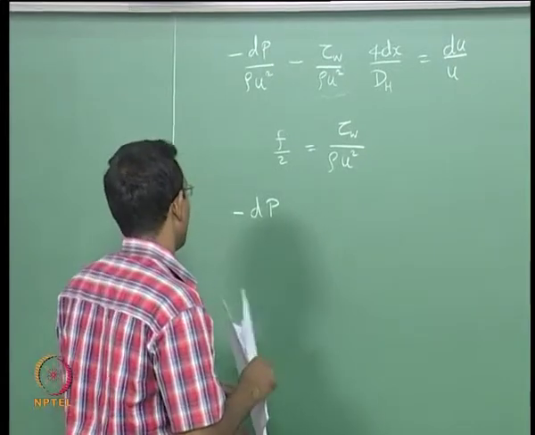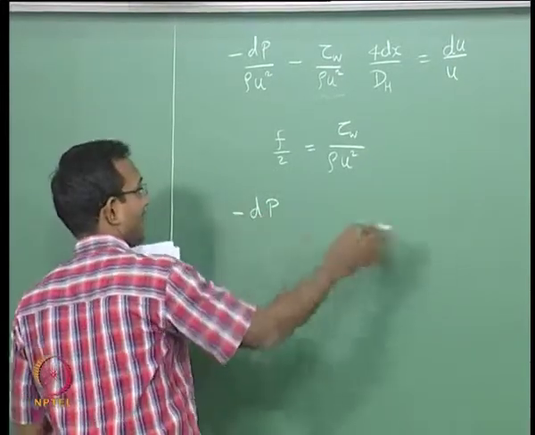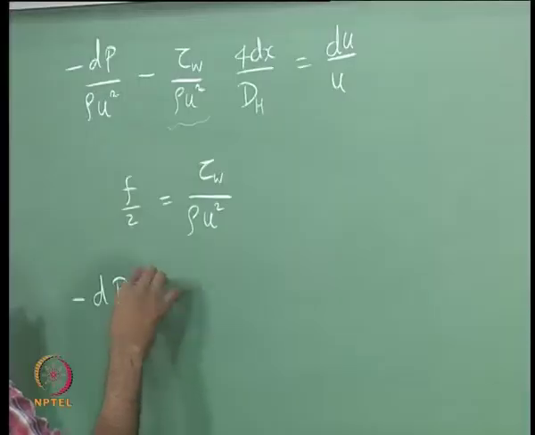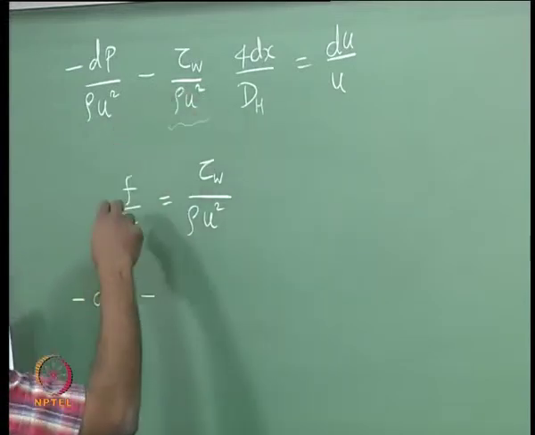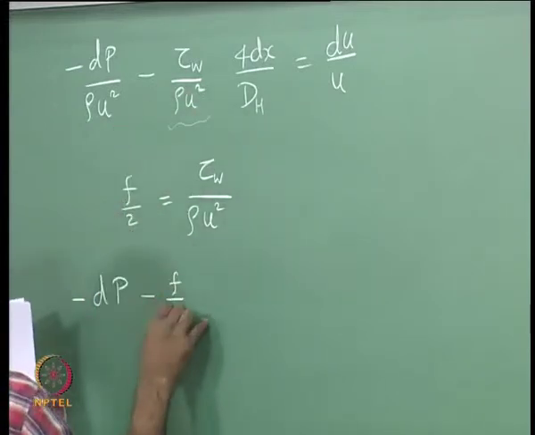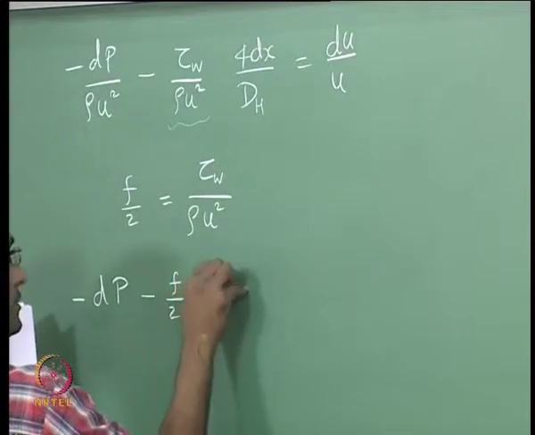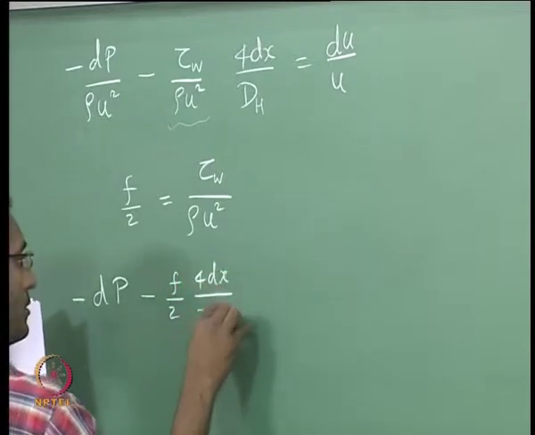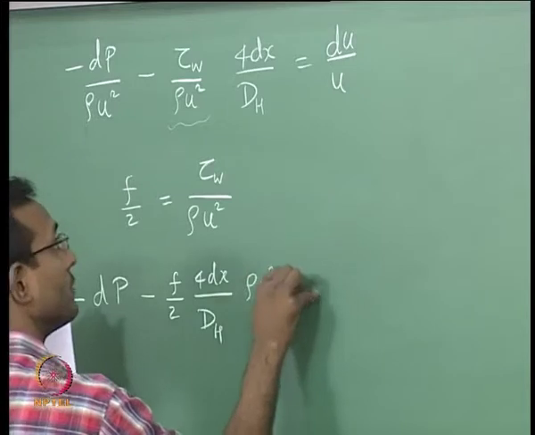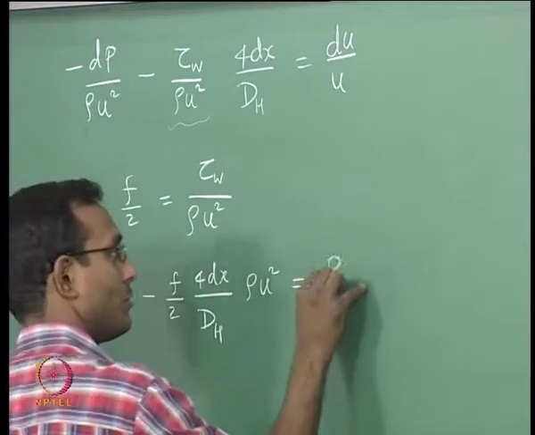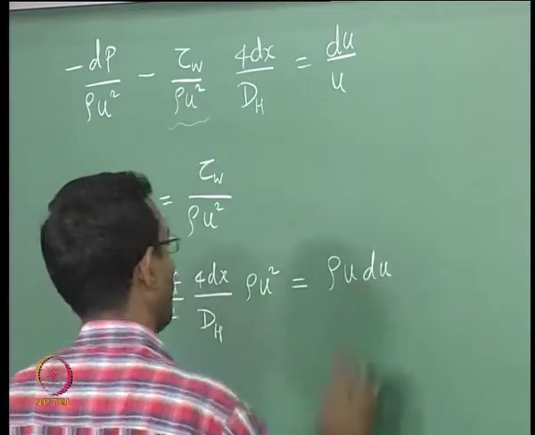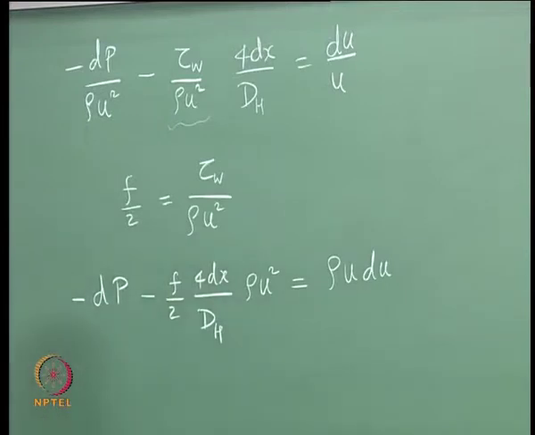So I will write it as dp first, and then I will divide the whole expression by p, with substitution of this for f by 2, minus f by 2 into 4 dx by dh multiplied by my rho u square is going to be equal to rho u du. This is the expression I have.